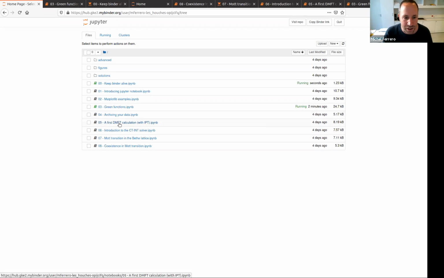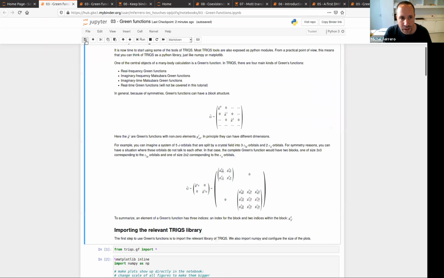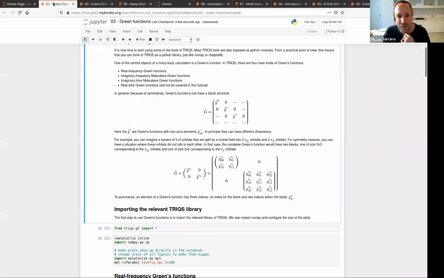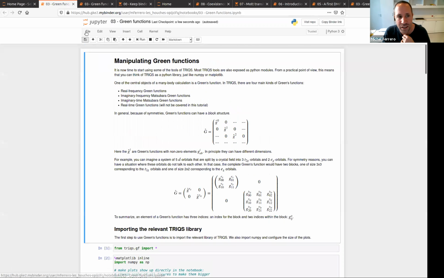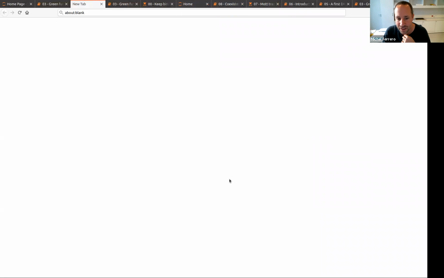One thing I need to mention, as I said the other day: if you make modifications and save your notebook, it will be saved on the remote website. But if you close the session and go back, every time it reinitializes a new session from zero, and you will lose your notebooks. So if you want to keep a copy, go to File, download as notebook, and save your notebook locally.